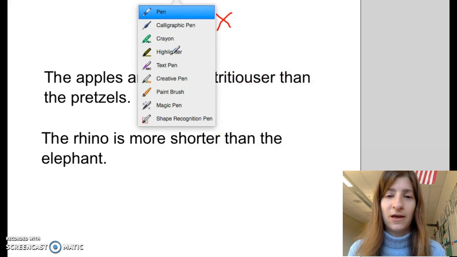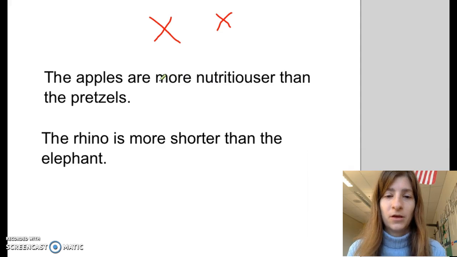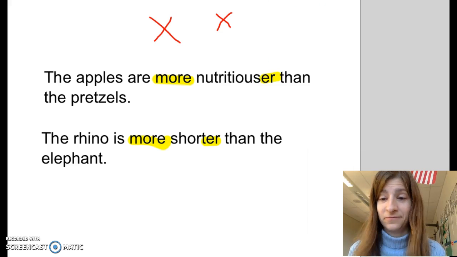One moment as I find what I want here. Sometimes people use more and ER in the same sentence. This is wrong. You only need one, more or ER, not both.